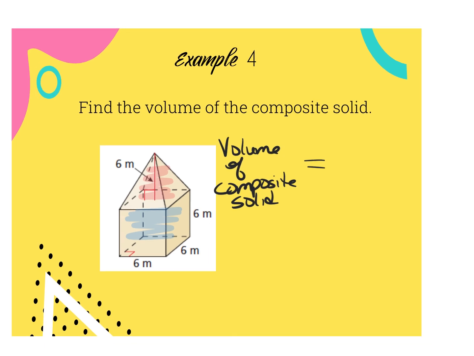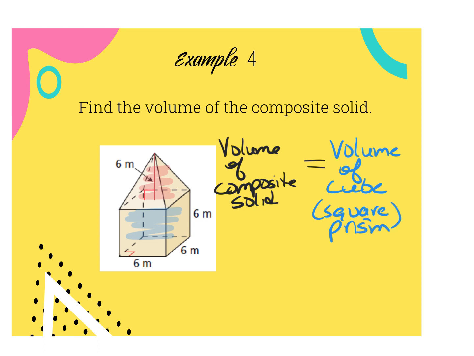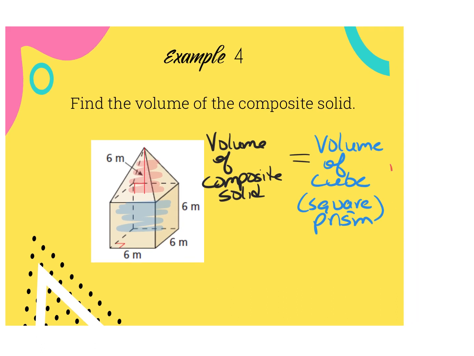So I'm going to be finding volume of the cube. You can also think of this as a square prism. And then I'm going to add that to the volume of the square pyramid.